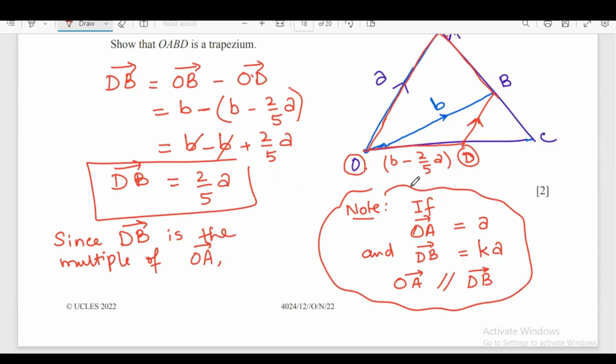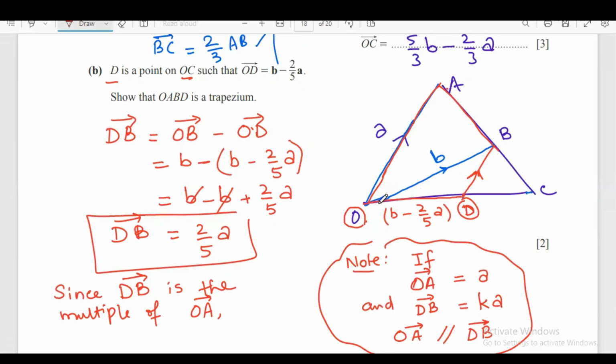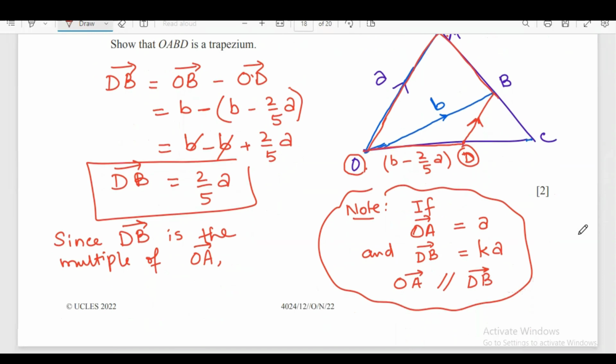One pair of opposite sides in the trapezium is parallel here. So we can say these two lines are parallel according to this note. When one pair of opposite sides is parallel, the diagram OABD is a trapezium. Therefore, we can say OABD is a trapezium, shown.